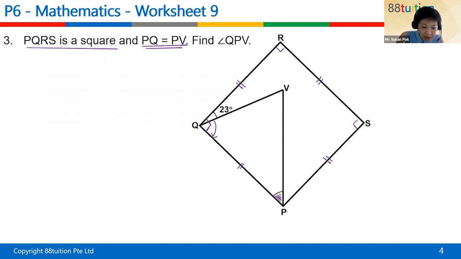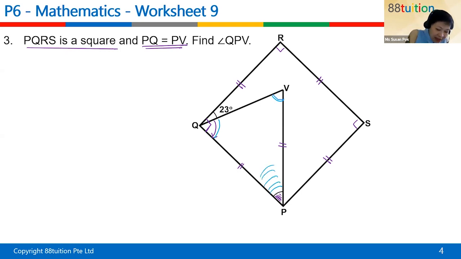He tells you PQ is also equal to PV. So this one is an isosceles triangle, right? So these two must be equal, and you are able to find the third angle here.